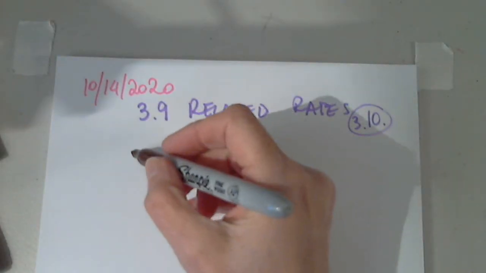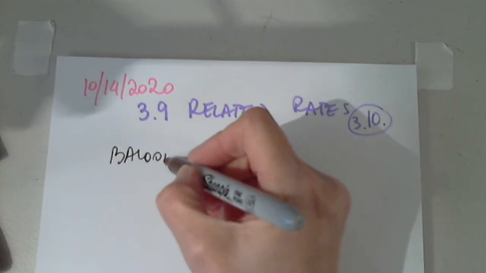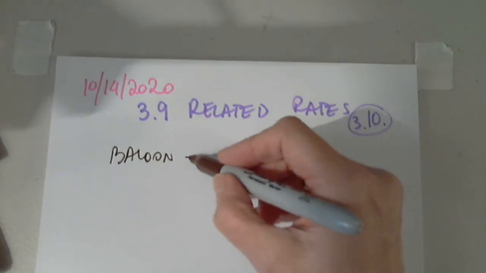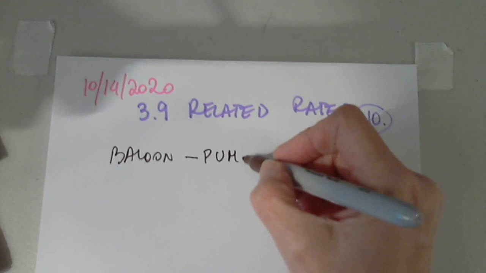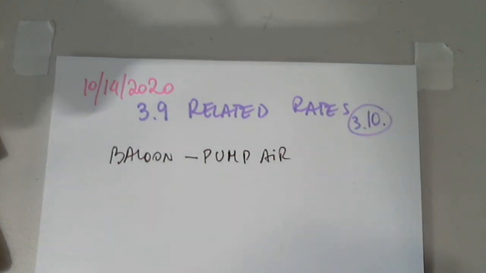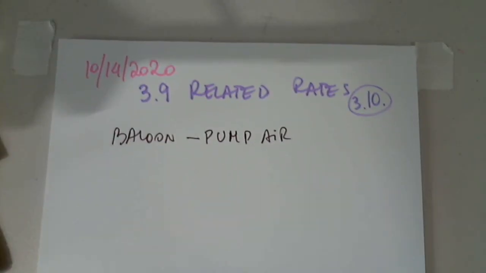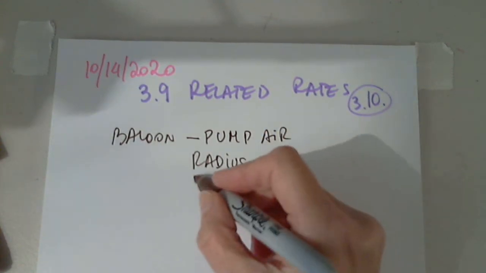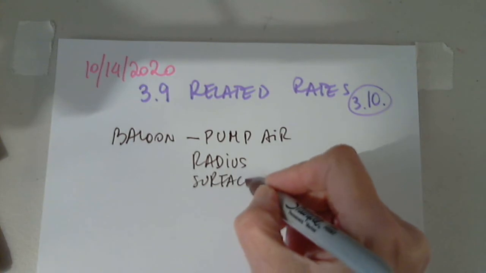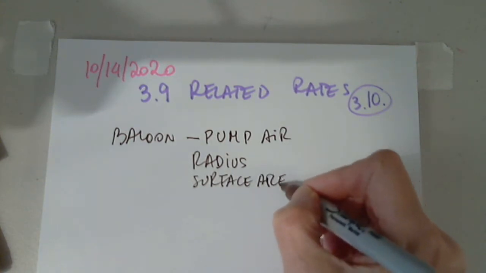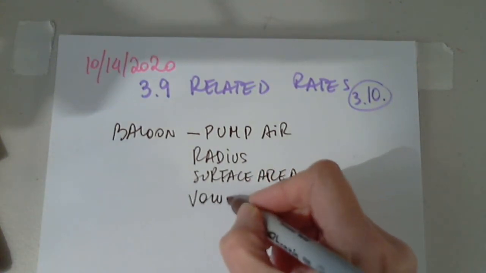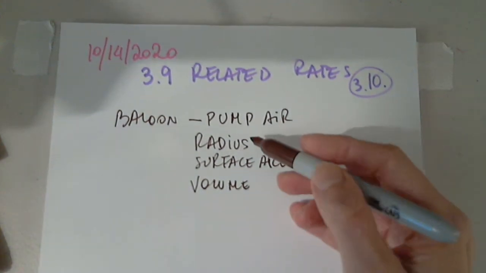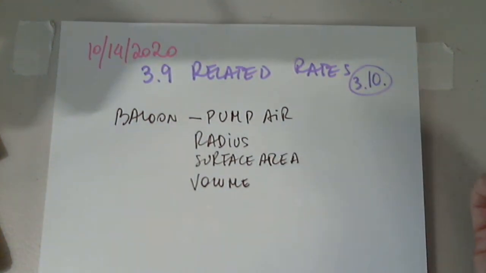Imagine that we have a balloon and we pump air in the balloon. What happens when we pump air in a balloon? The radius, the surface, volume, you can say the diameter, but the diameter is twice the radius.